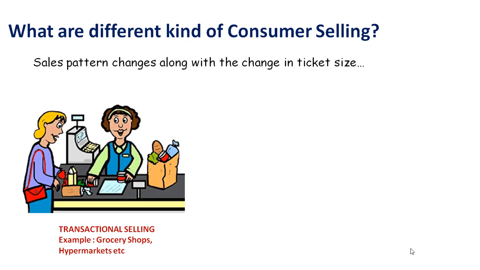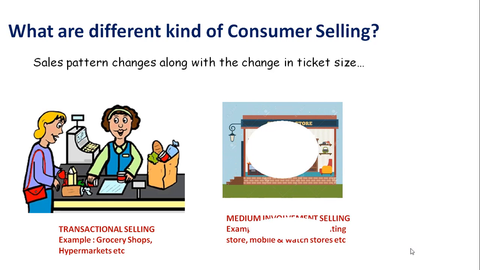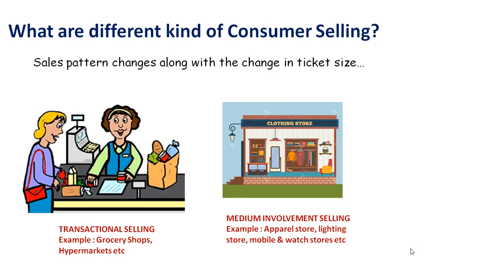Well, let's take another example. Let's assume that after the grocery shop you go into other shops where you would like to buy somewhat higher ticket items, like an apparel store, or you move to some light fitting stores, or some watch stores. Here the scenario will be a little different.